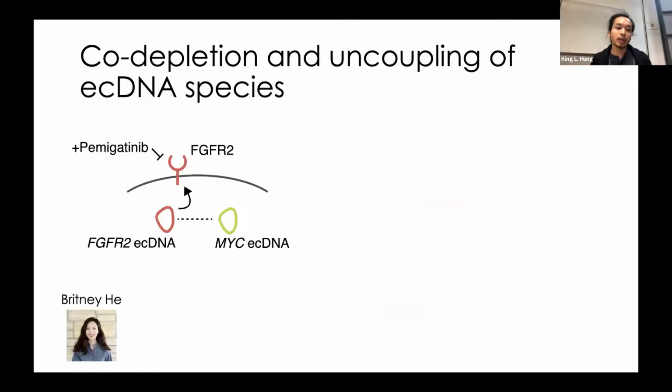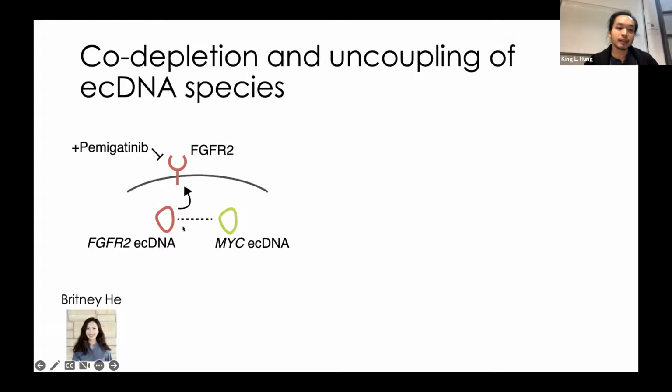and they're correlated in copy numbers. So the next question we asked was, will these different ecDNA species respond to changes in selective pressure in a coordinated manner? So to address that question, with Brittany He, a technician in the lab, we looked at these stomach cancer cells that have FGFR2 and MYC ecDNAs.